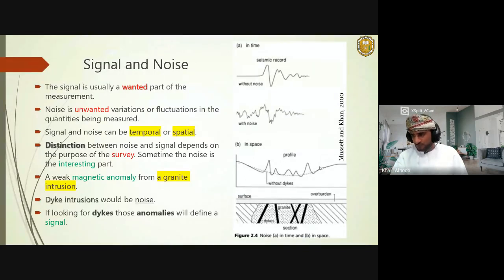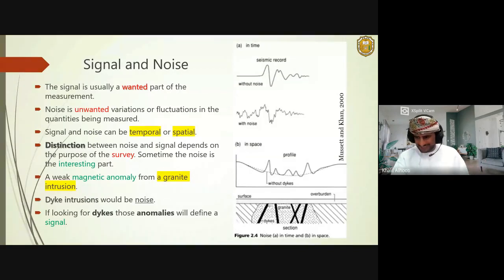We have a profile, and the geological model shows that there are some dikes in the sedimentary layers. Those are the layering sedimentary layers. There is an overburden and weathered layer we have. And before the dike, there was a granite intrusion. You see the granite intrusion.